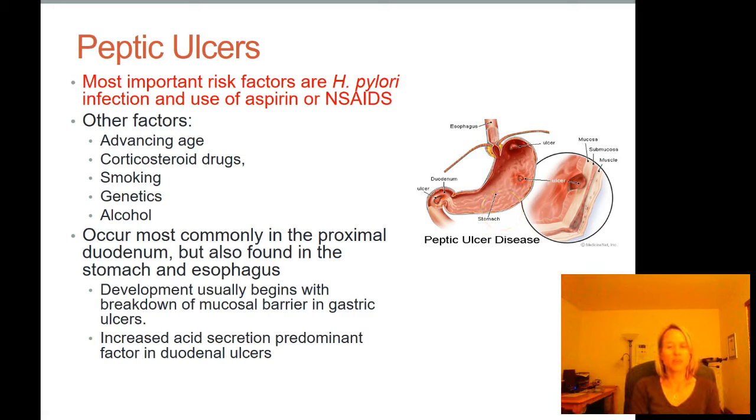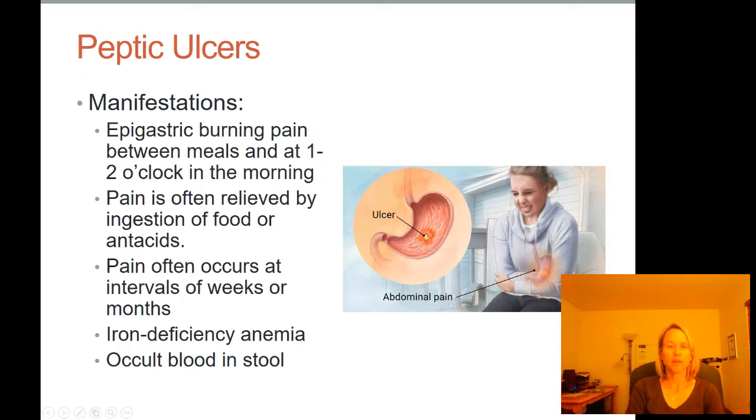The development usually begins with the breakdown of the mucosal barrier in gastric ulcers, whereas increased acid secretion is the predominant factor in duodenal ulcers. Peptic ulcers can present with epigastric burning pain that occurs between meals, so when the stomach is empty, as well as often occurring between 1 and 2 o'clock in the morning.